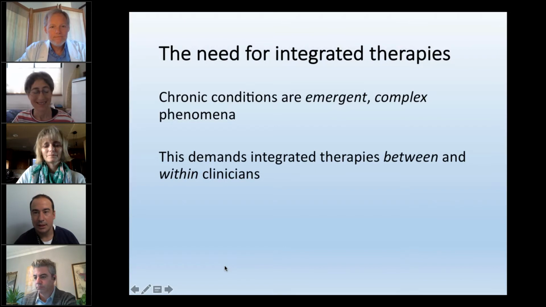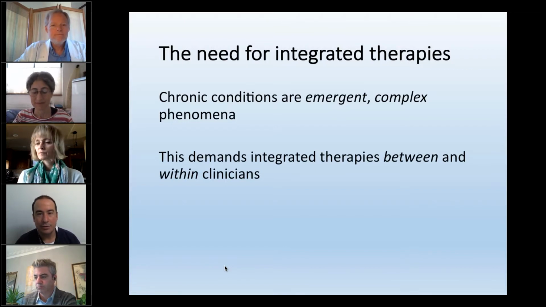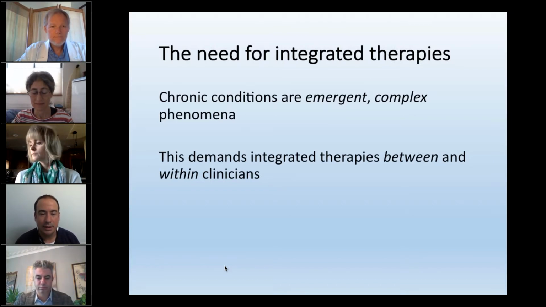Integrated therapies are needed in particular for chronic conditions, because they represent emergent, complex phenomena that are more than just the sum of the parts. This is particularly true for chronic musculoskeletal pain, which I spend the majority of my time treating.